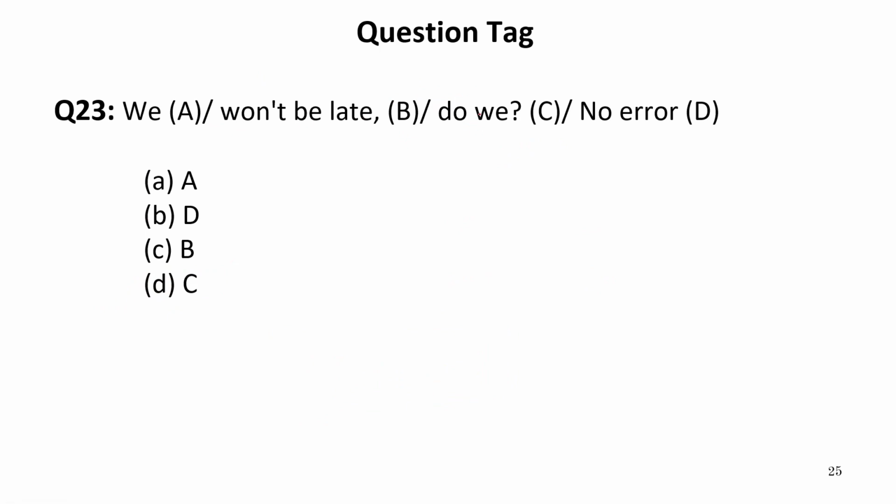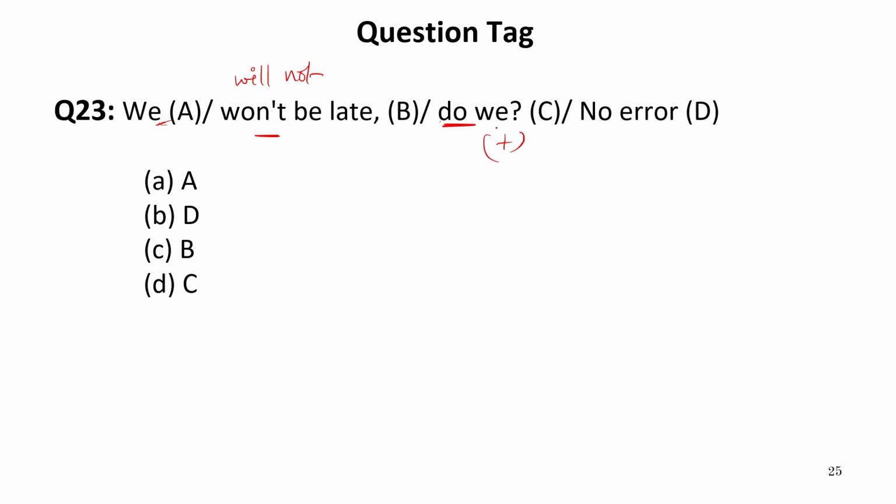We won't be late, do we? So we won't be late. Won't means will not. So this is a negative statement. The question tag has to be positive. Now we will not be late means we are talking about we. This is the subject which we need in the question tag as well.